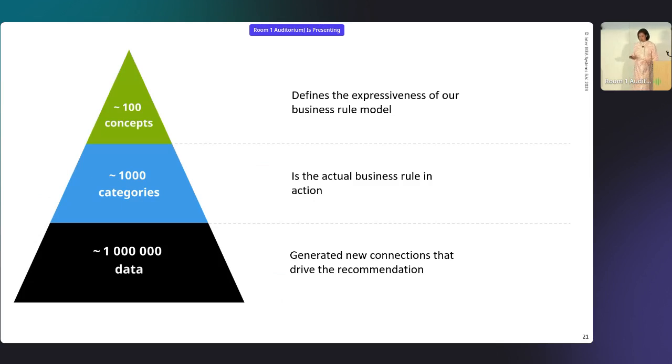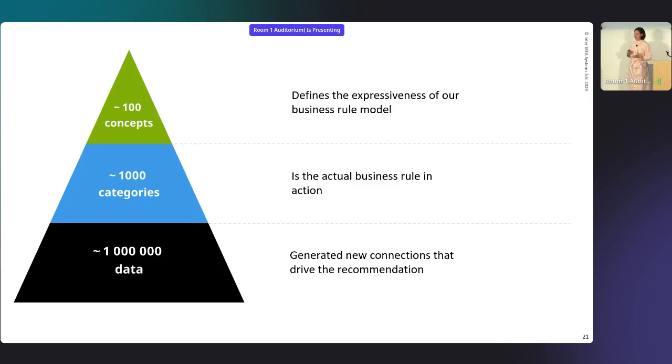So to summarize, the top layer, the ontology layer, defines the expressiveness of our business rule model. Currently we have a few possible connections with which we can make the rule, and we want to expand it.